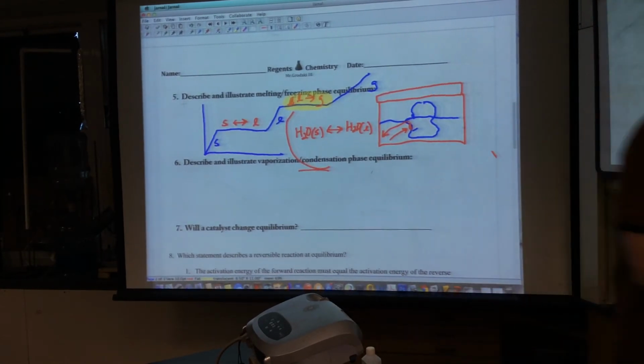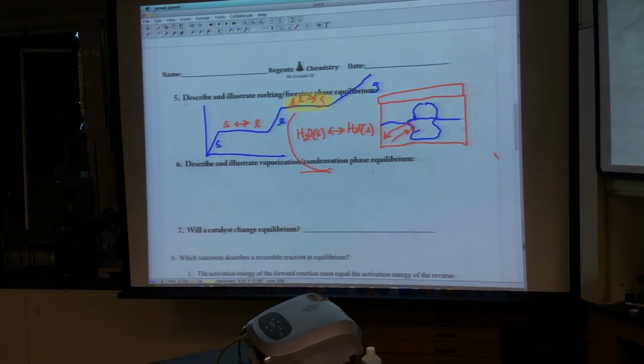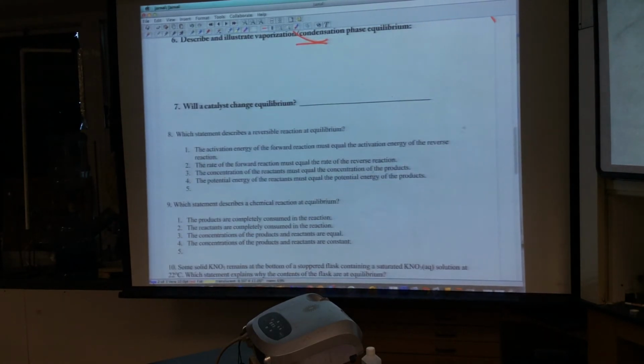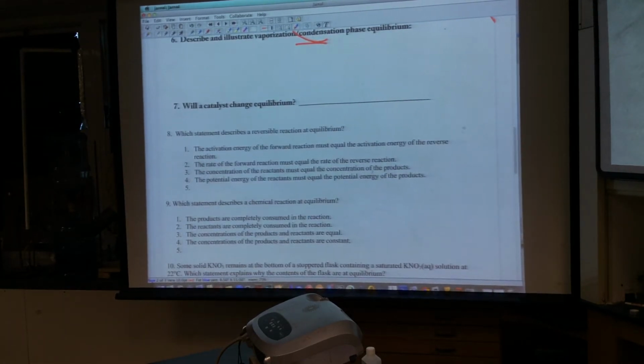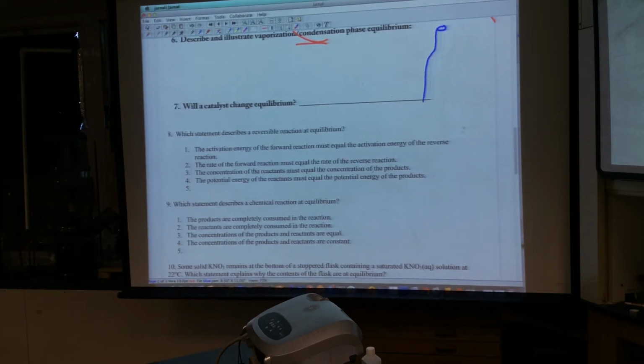And it's easy to illustrate, party people, because let's draw the water bottle. Got myself a bottle of water, and I got it capped. Guess what? The rate of vaporization is equal to the rate of condensation. What does it look like?